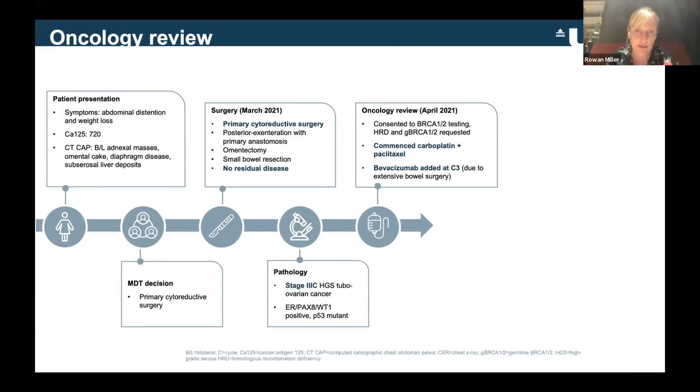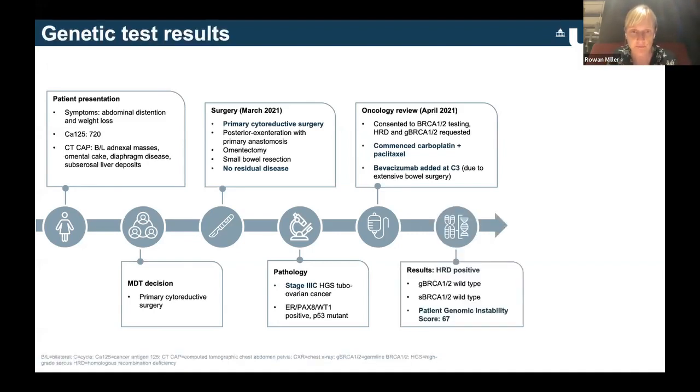When you request it from the Cancer Drugs Fund, you request it concurrently with chemotherapy, and then you have to do a separate request for it as maintenance treatment if indeed they're HRD positive and you want to carry on. Historically, we couldn't have given her bevacizumab because she had no high risk features, but we are able to do it now, one of the nuances of the way we prescribe.